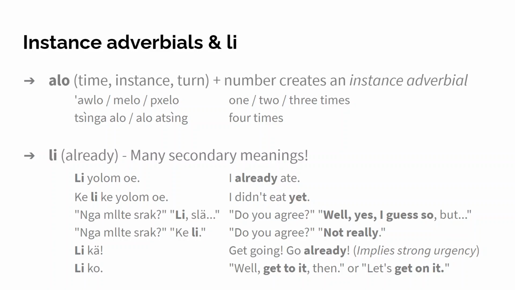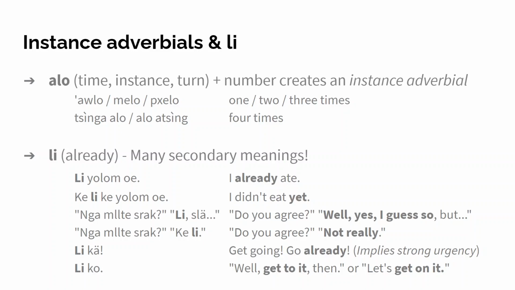The first 2 sentences are like you already know li. So li yolom oe, I already ate, and ge li ge yolom oe, I didn't eat yet. So already and not yet, this is how people usually use li. But there are some more things you can do with this. So look at the following one.